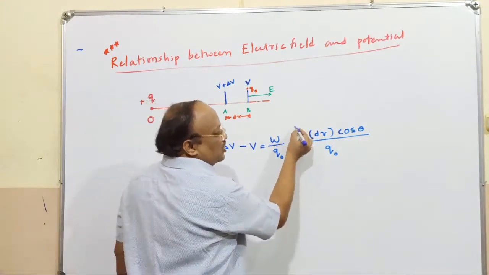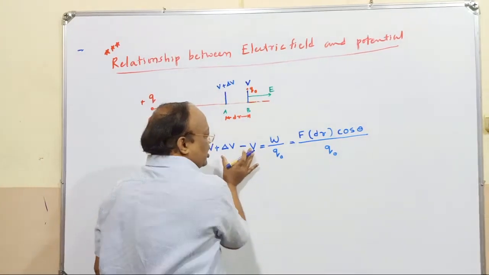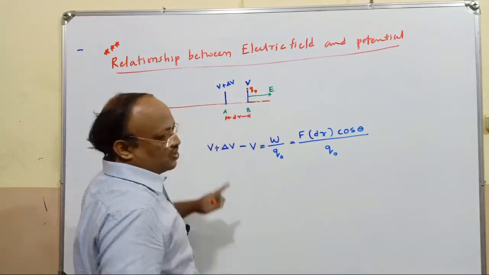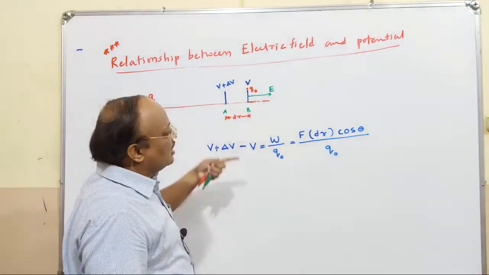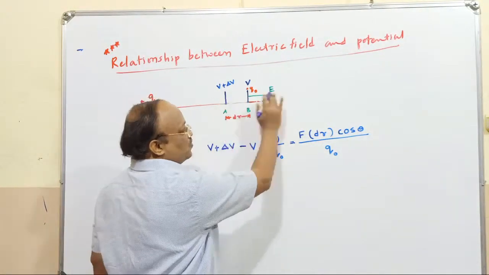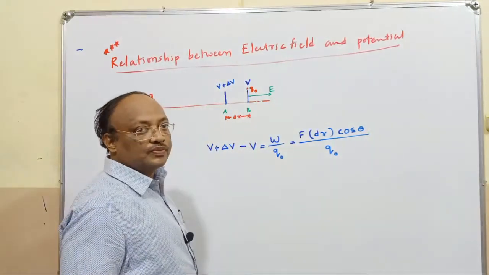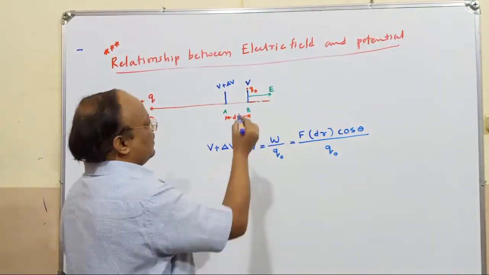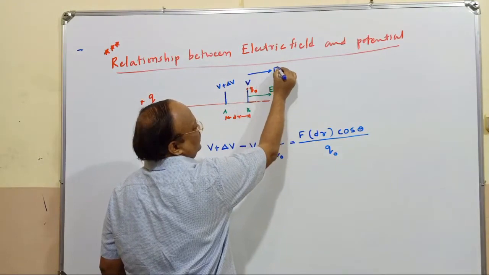Since the potential difference generated between A and B is because of this charge, the force I take here is the force due to the electric field. It is in the direction of the electric field.